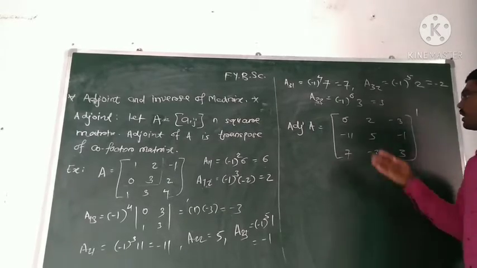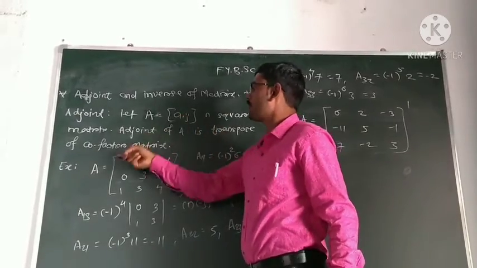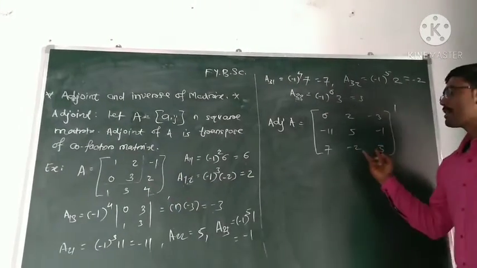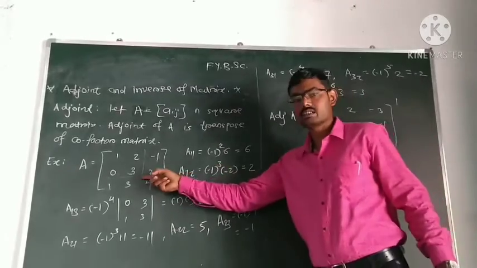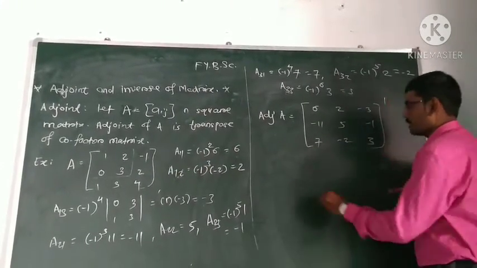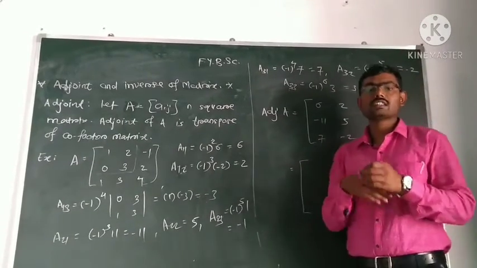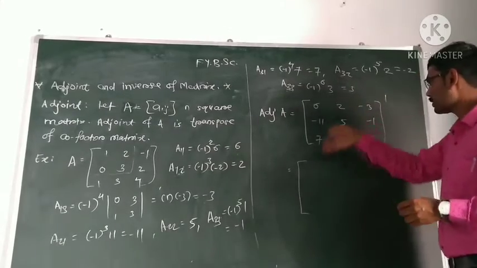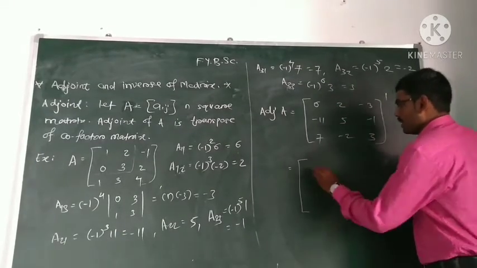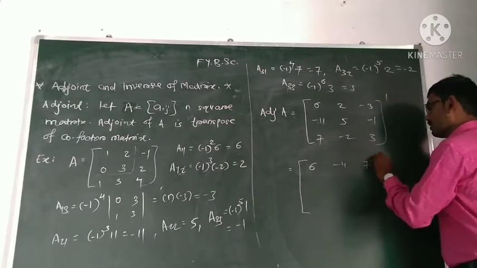And transpose. So adjoint of A is nothing but the transpose of cofactor matrix. Okay. This is the cofactor matrix for this matrix. And transpose of this matrix will be adjoint. So take transpose of this matrix. How do we take transpose? Just by interchanging rows with columns. So the first column becomes the first row: 6, minus 11, 7.